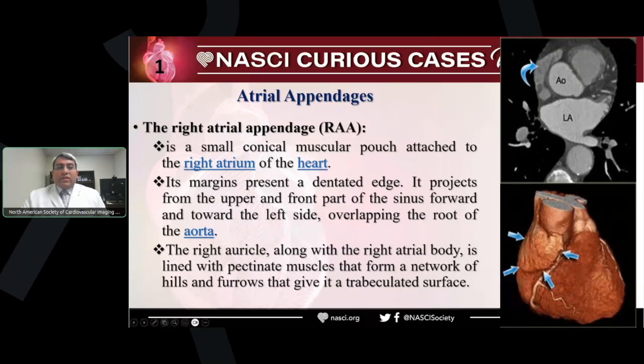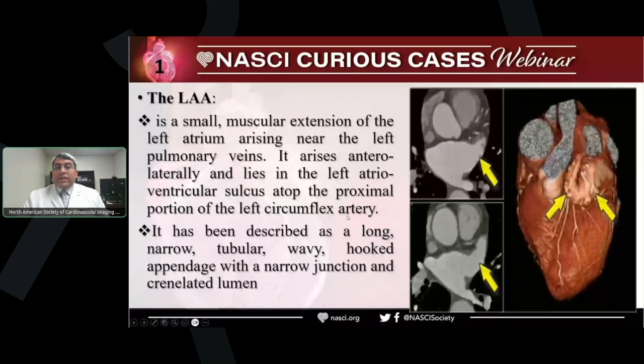On the left side, the left atrial appendage is a small muscular extension of the left atrium arising near the left pulmonary veins. It arises anterolaterally and lies in the left atrioventricular sulcus atop the proximal portion of the left circumflex artery, as you can see here, and this is the left circumflex artery.